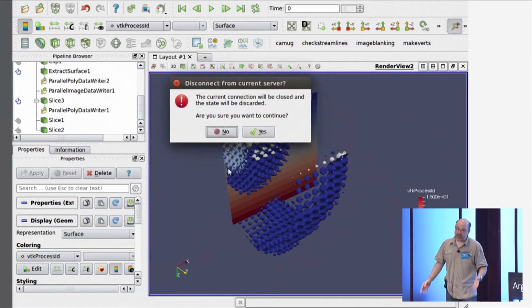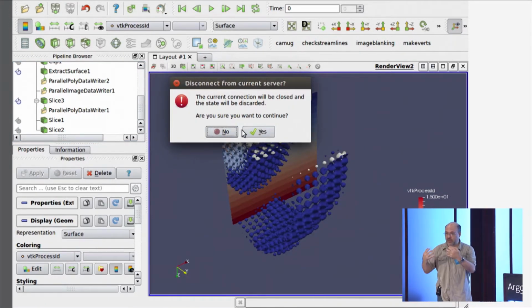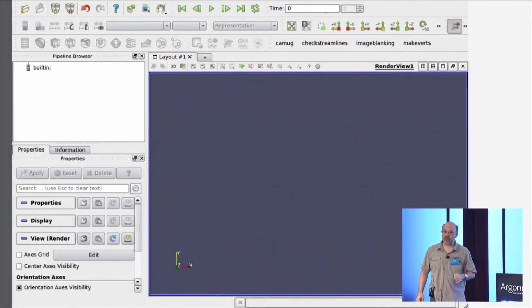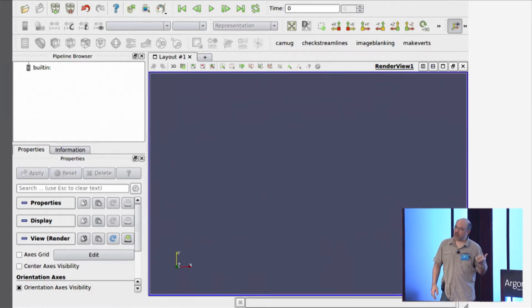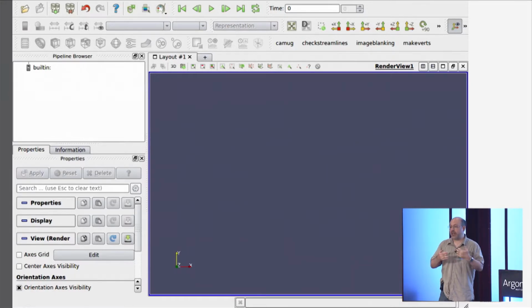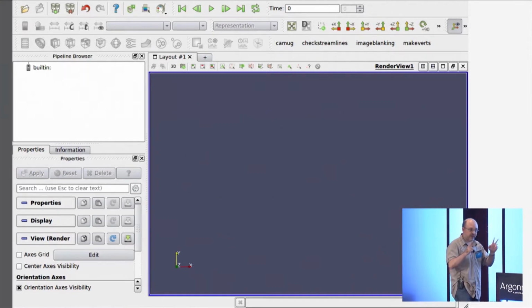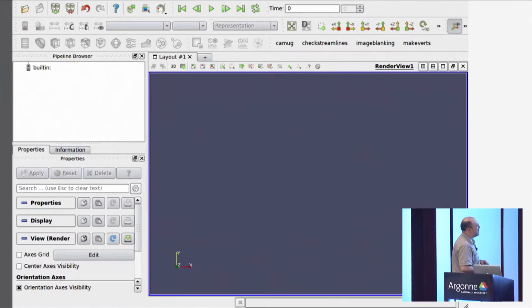It could be a partition of your supercomputer, some subset of nodes on the same supercomputer, or it could be a different resource. For example, at ALCF, we have Mira sharing the file system and interconnect with Cooley. So we could be doing in transit there, running the simulation on Mira and shipping the data to Cooley for analysis and visualization. So there are those two cases, in situ and in transit.